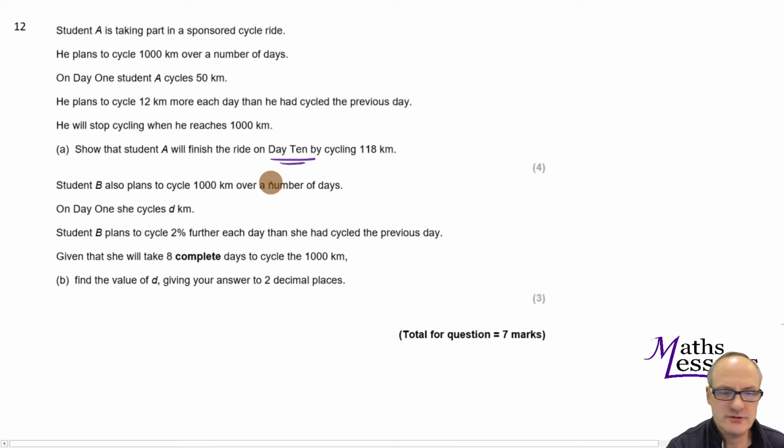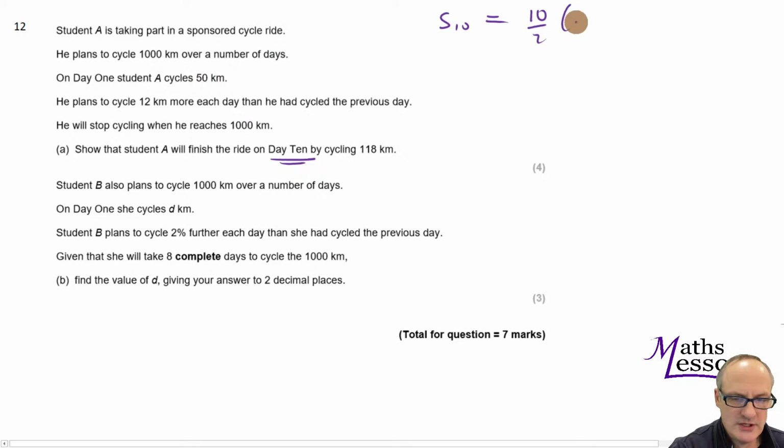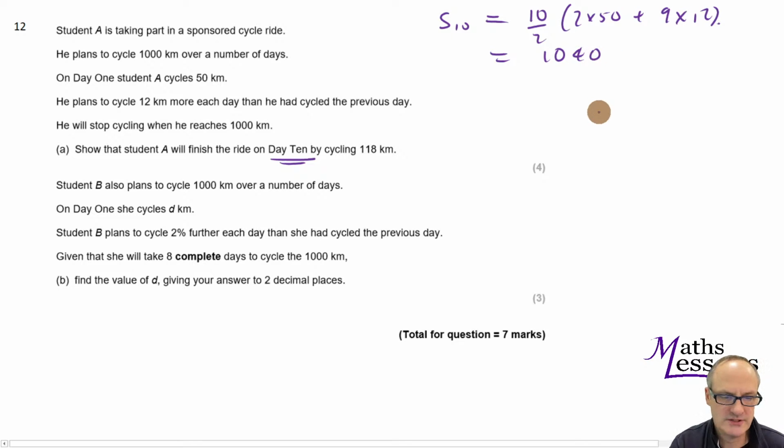So what we could do is work out the sum of the first 10 days riding, which is going to be equal to n over 2, so 10 over 2 times 2a, so 2 times 50 on the first day, plus n minus 1 lots of d, so 9 times, what's the common difference? 12 here. Okay, and we work that all out. We get S10 is 1040, so definitely going to get far enough on the 10th day.